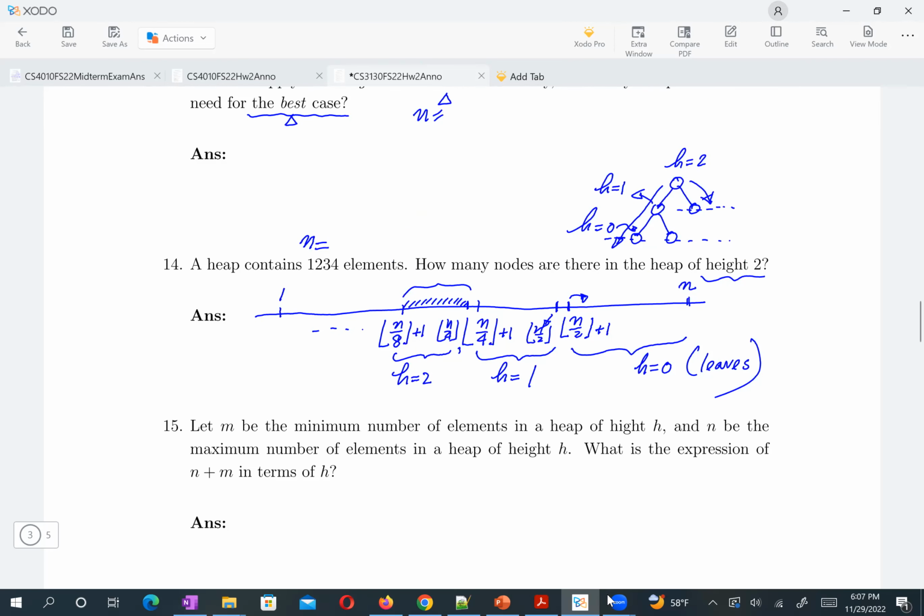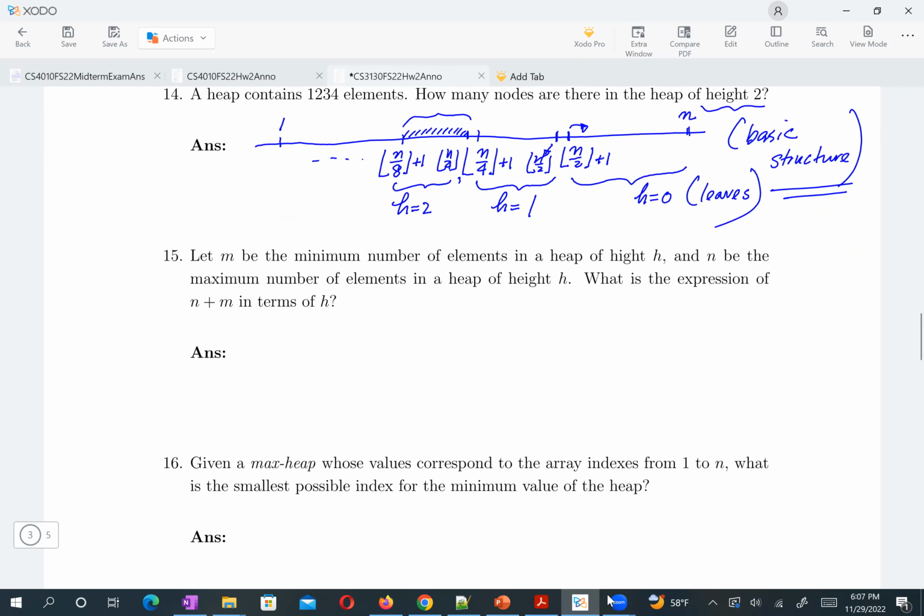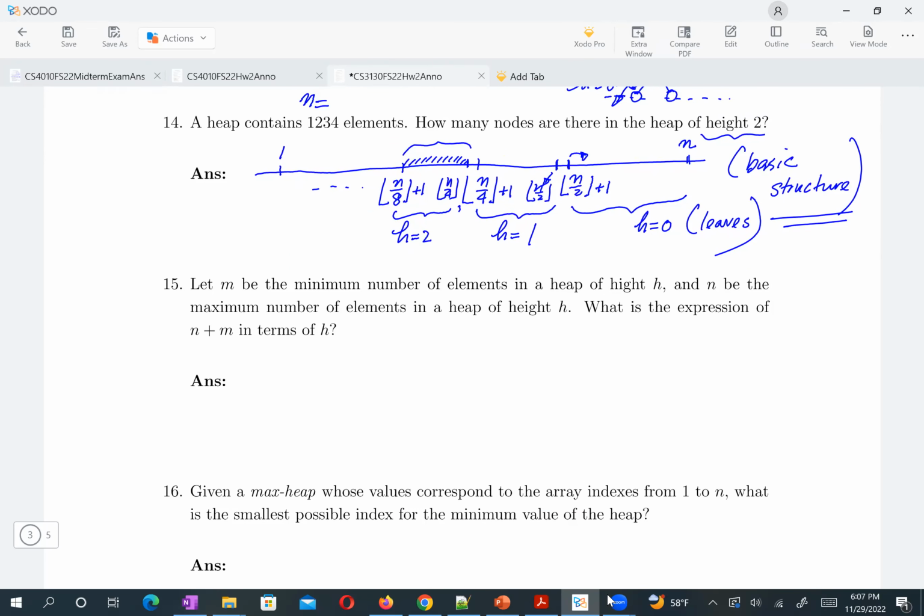All right. So that is this question, number 15. Based on my experience, many students have asked me to explain this question before. Let me give you the meaning.